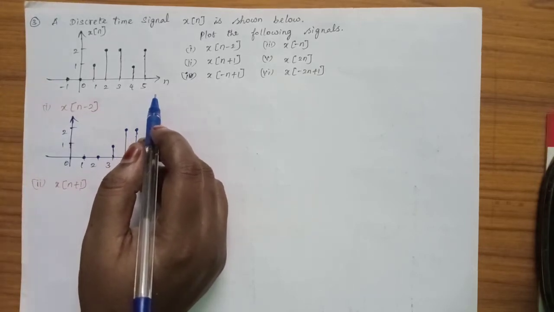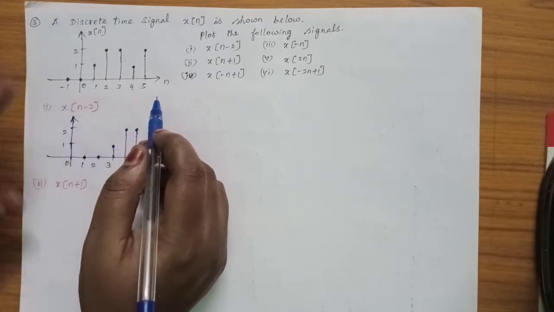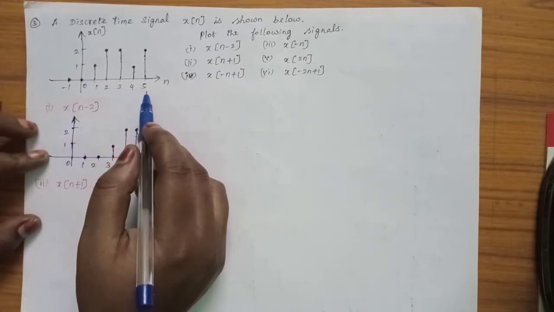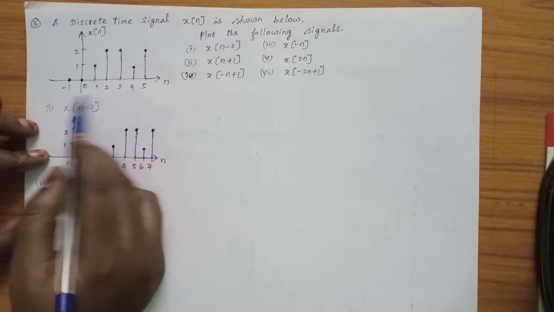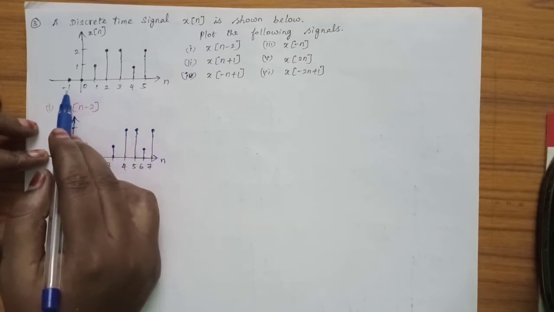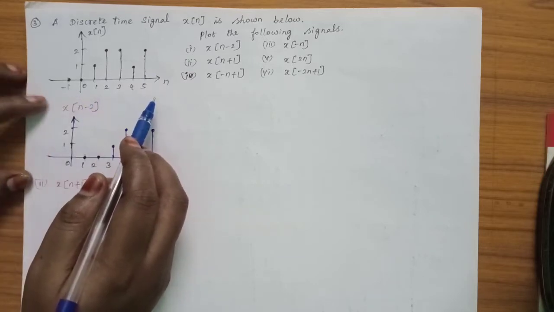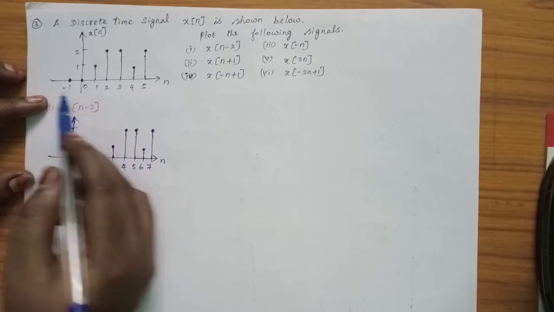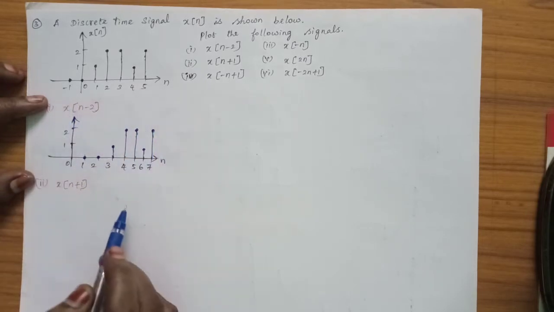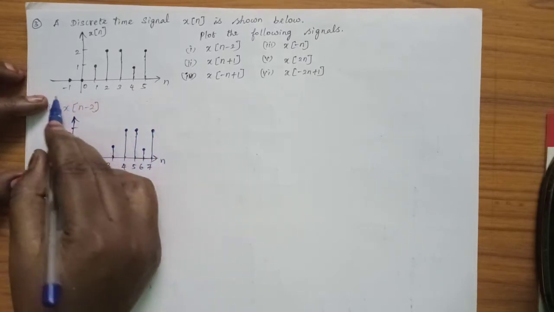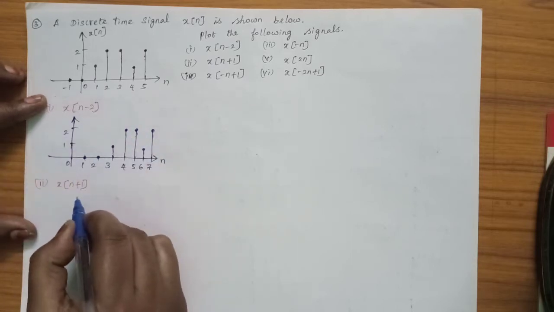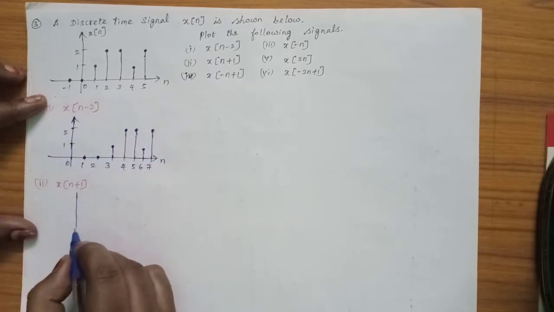Why am I considering only the first and last limits? It is easy to plot if we know the new limits, that is the initial and final values. So minus 1 minus 1 is minus 2, 5 minus 1 is 4. Then the new limits will be minus 2 to 4. The signal gets shifted towards the left side.